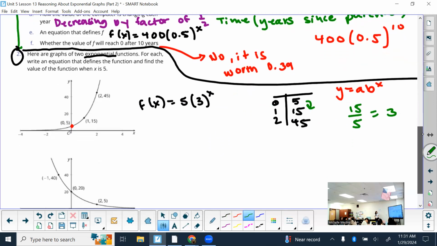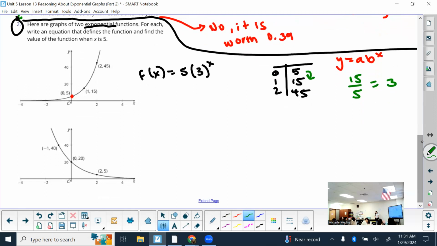All right. Table 8, do we have the equation for the second one? Or using this one as a model, maybe? Can we come up with this one?